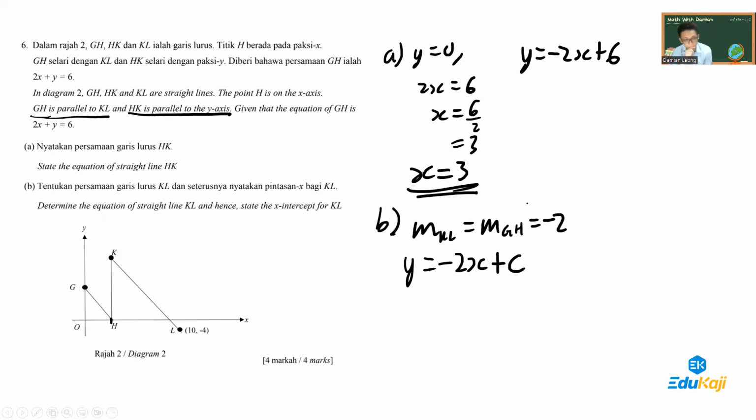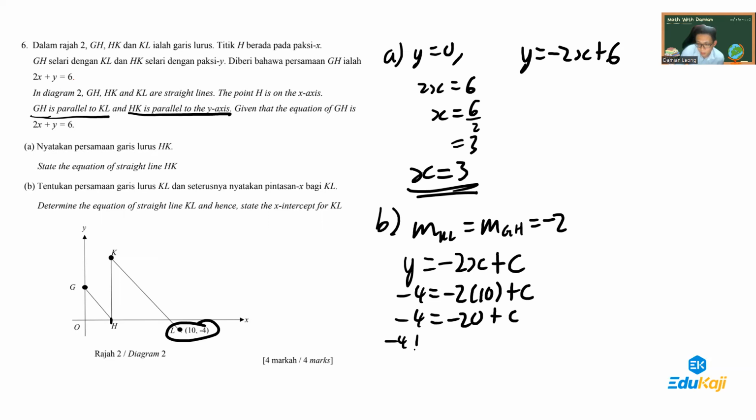So I need to find the c value. I have the coordinates of point L here, just sub in. Negative 4 is negative 2 times 10 plus c. Negative 4 is negative 20 plus c. Negative 4 plus 20 is c. c is 16. Means the equation of KL, y equals negative 2x plus 16.